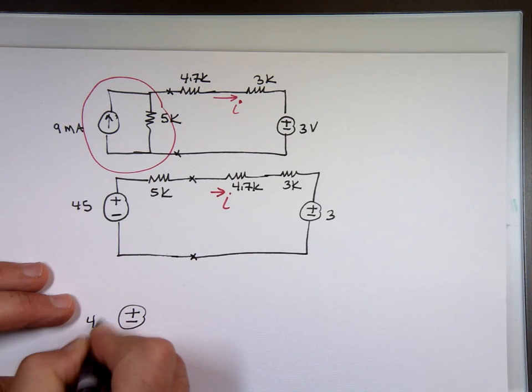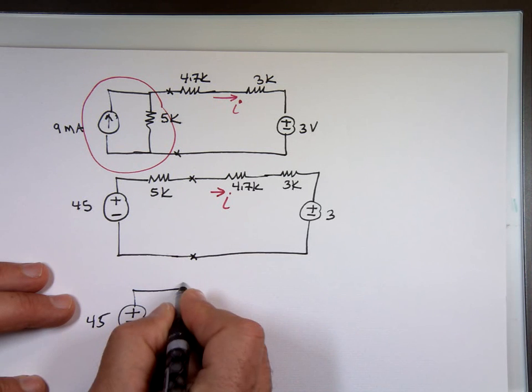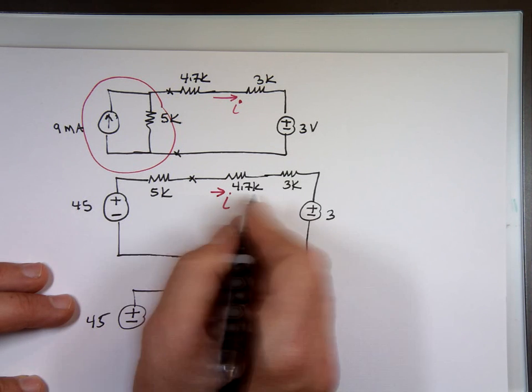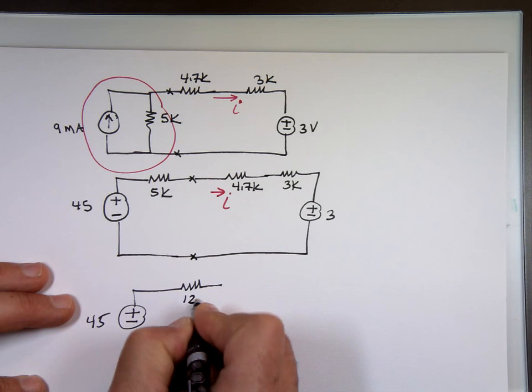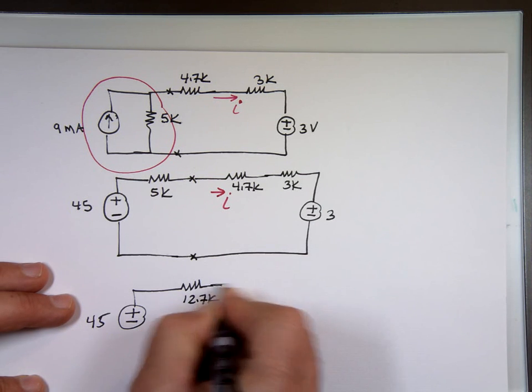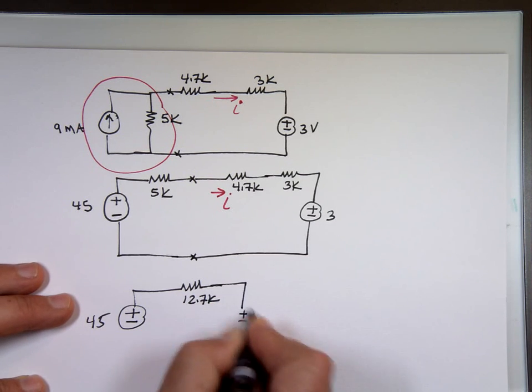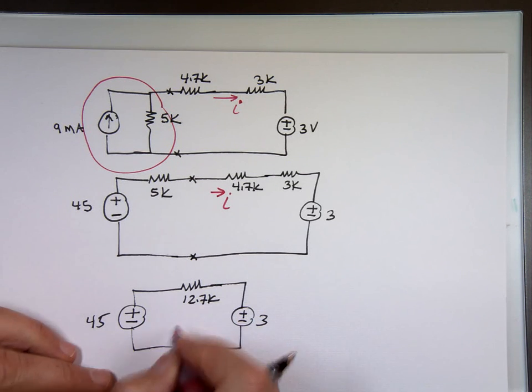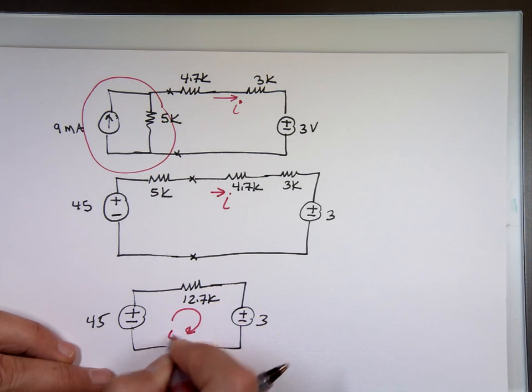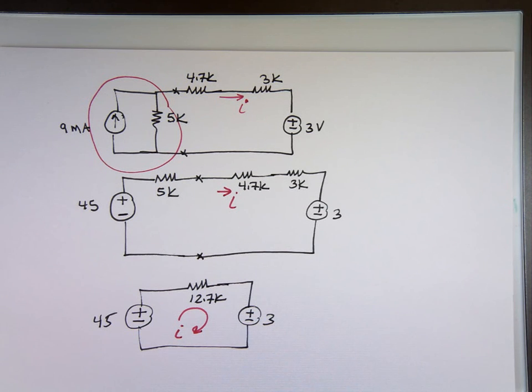I can even add the voltage source, but I'll leave them. 5 plus 4.7, that's 9.7. Is that 12.7? And what's this current, going to the right?